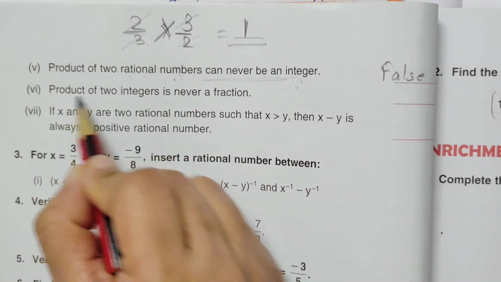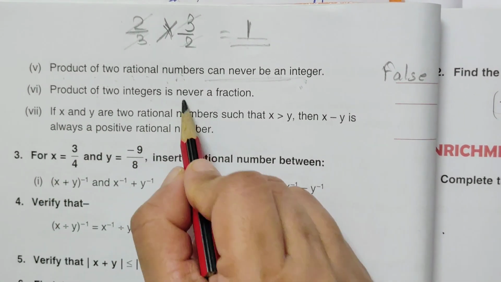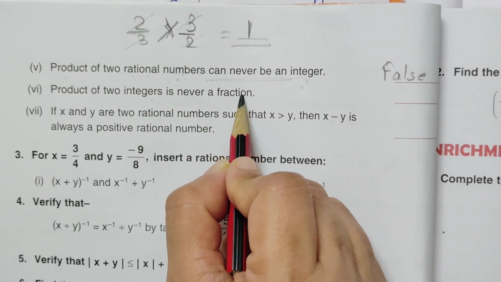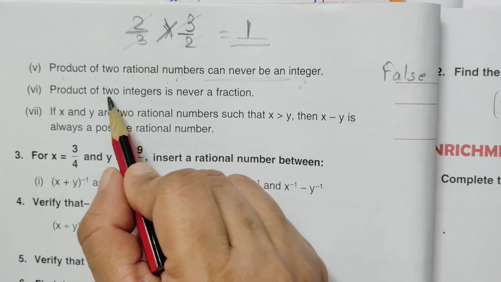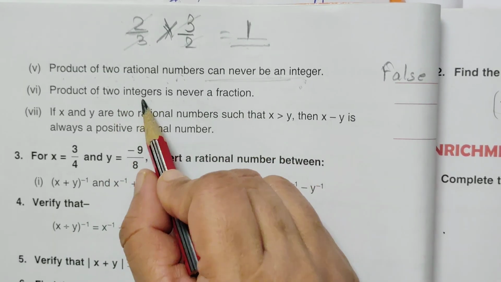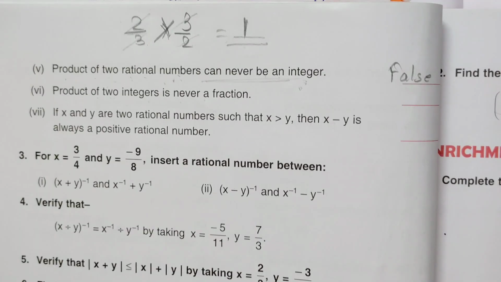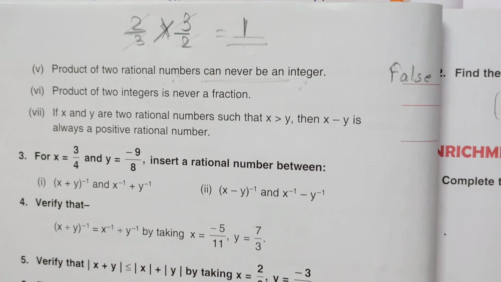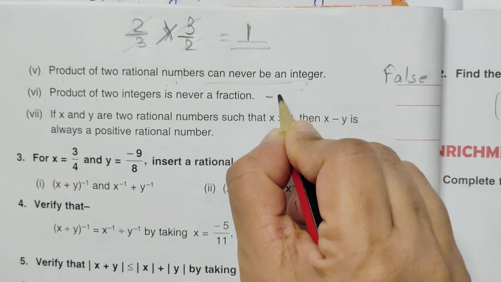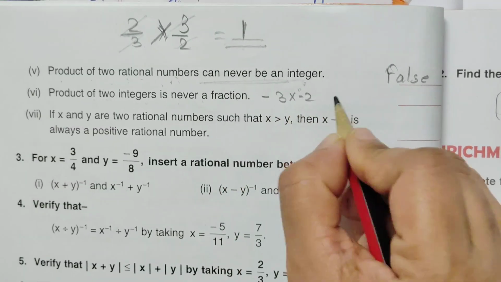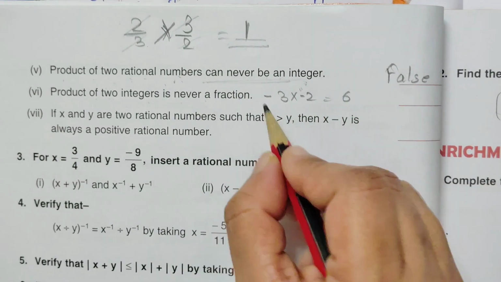Next, product of two integers is never a fraction. True. Why true? Two integers are never in fraction. Integers are like 0, positive numbers 1, 2, 3, 4, 5, 6, 7, and negative numbers like minus 1, minus 2, minus 3. So if I take minus 3 multiplied by minus 2, what will I get? Plus 6. 3 2s are 6.